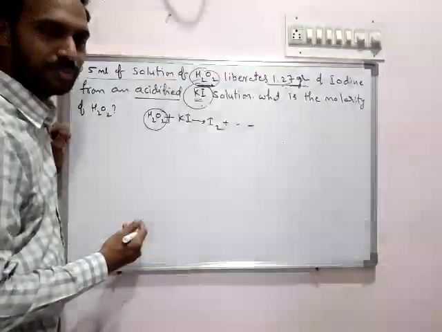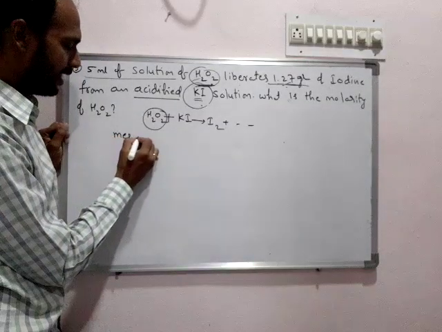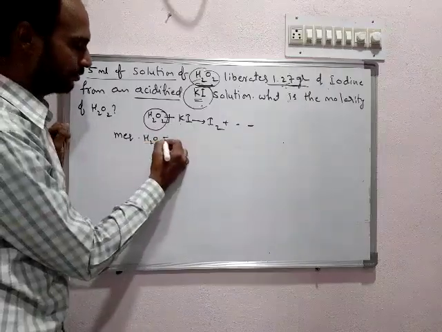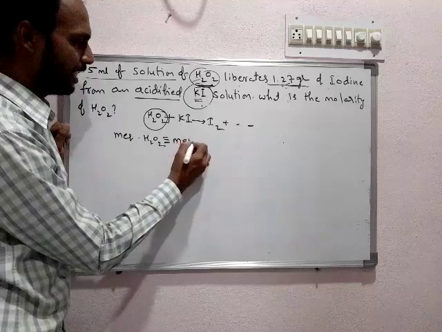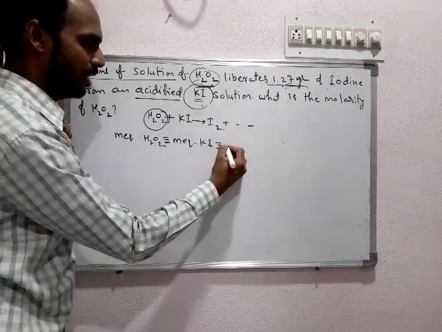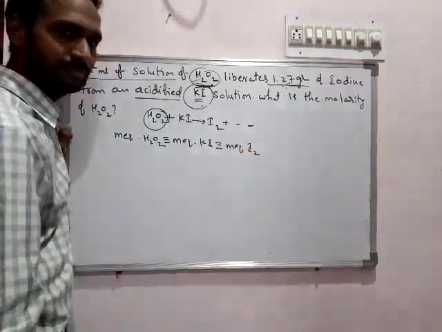So these are the reactants, this is the product. Hydrogen peroxide oxidizes potassium iodide into iodine in acidic medium. Therefore, we can write milli equivalents of hydrogen peroxide are equal to milli equivalents of potassium iodide and totally equal to milli equivalents of iodine.